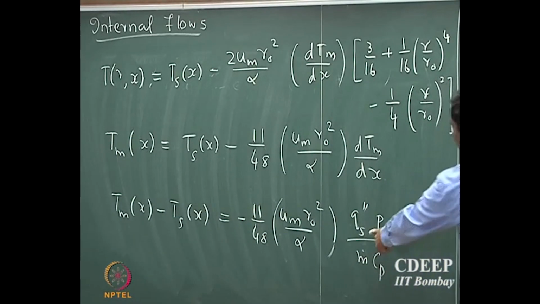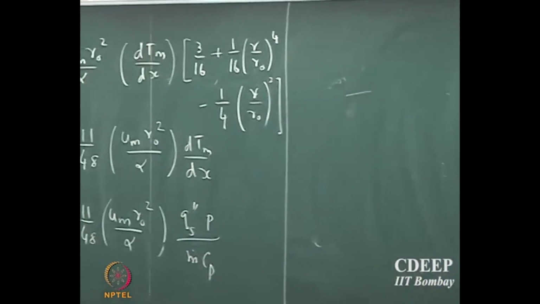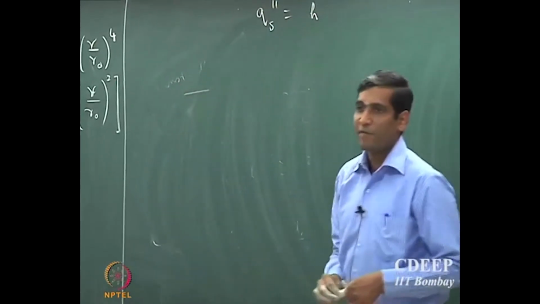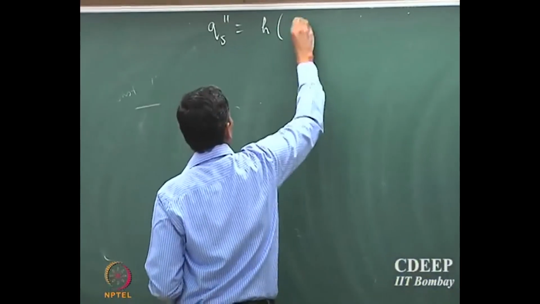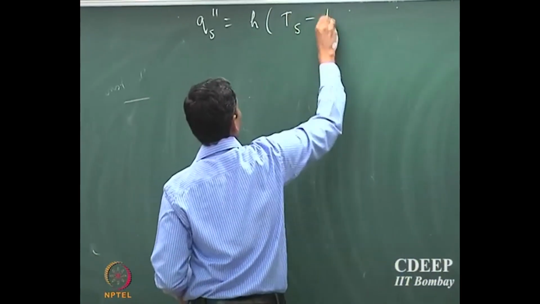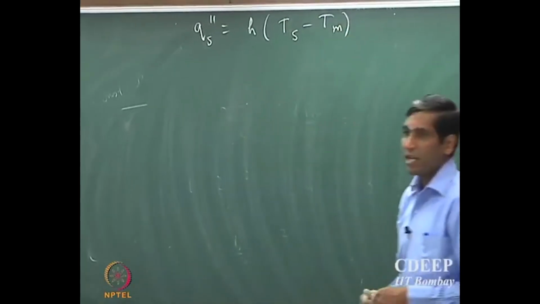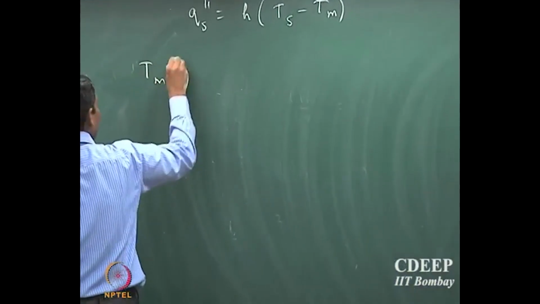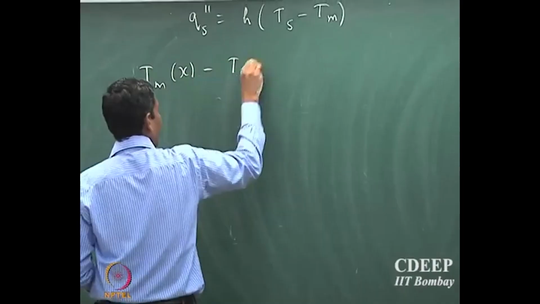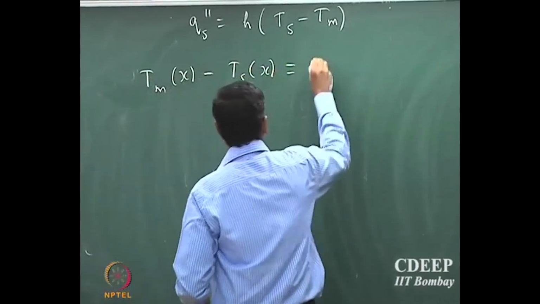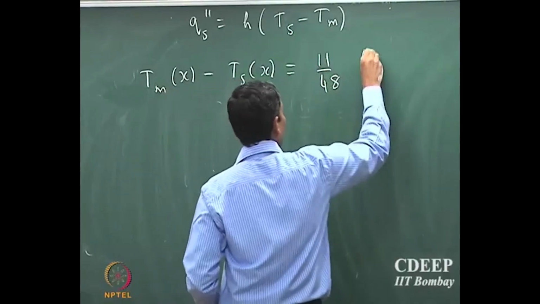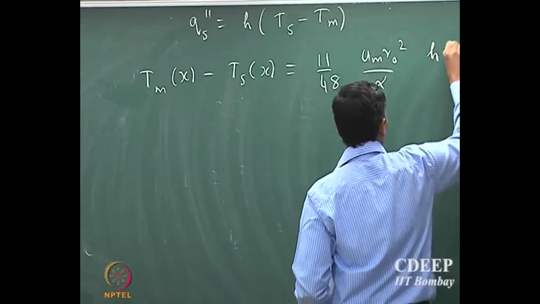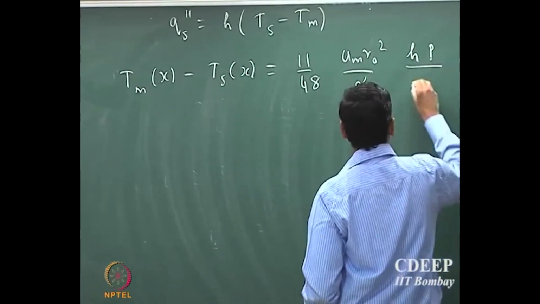All right. So now we know Qs double prime is defined as the heat transport coefficient h into Ts minus Tm. So we can rewrite this as Tm(x) minus Ts equal to 11 by 48 into um r naught square by alpha into h into the perimeter, divided by what is m dot?